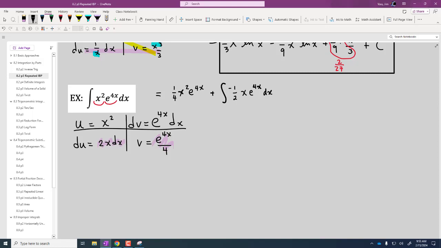But if there's anything other than a +1, it would have to be distributed. Even just a minus sign, and distributing minuses tend to cause problems. So if we do that, this turns into a uv minus the integral of v du, and there's nothing to distribute. This is the simplest way to not have to deal with any distribution, if you just force that to be a plus out in front by pulling that minus in.